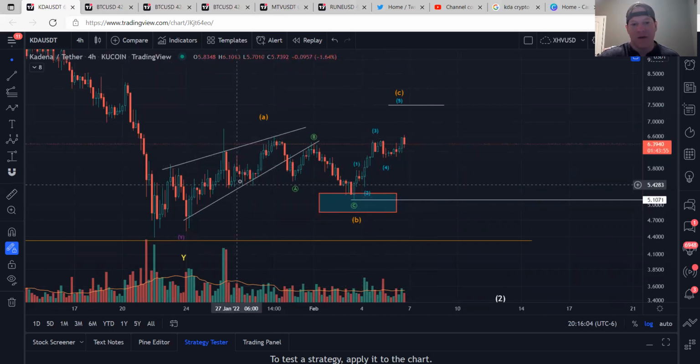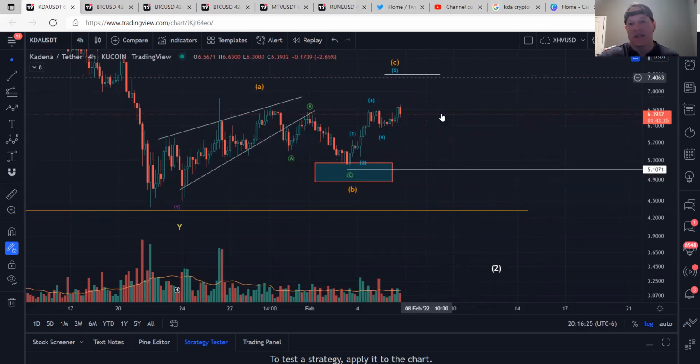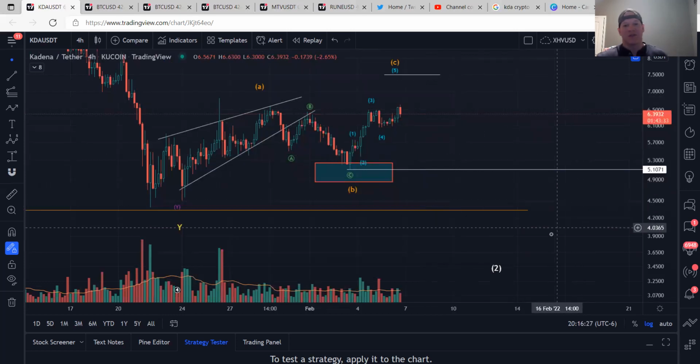But as of right now, if this plays out, this is an ABC, and then we could become impulsive down and have one more wave structure down. Does not necessarily mean that we would have to breach this low down here at 438. It's kind of hard to tell until we actually start to get that structure down.